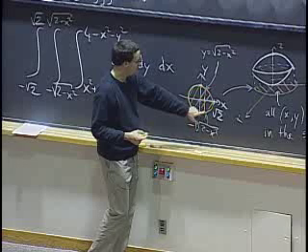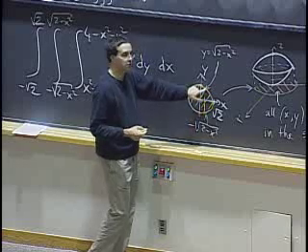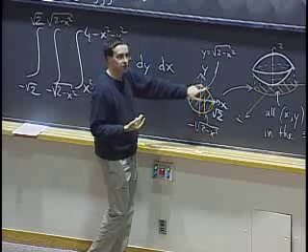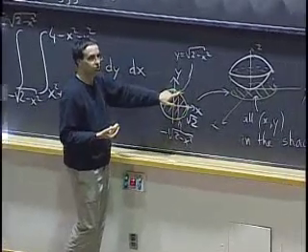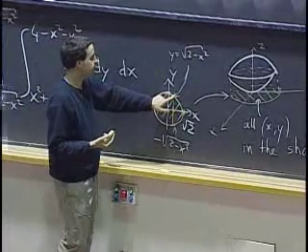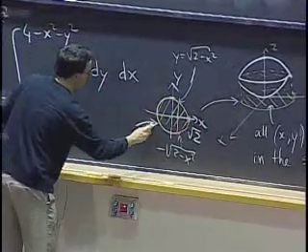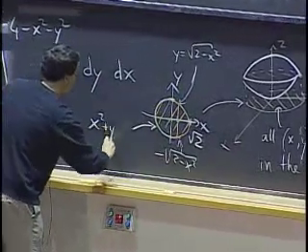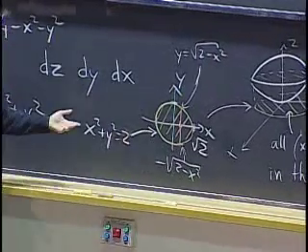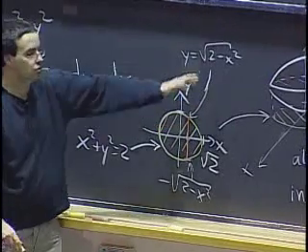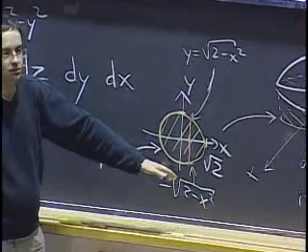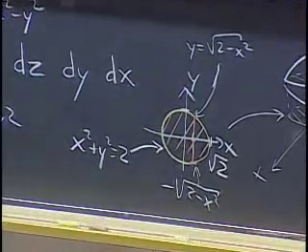So y goes from here to here, and what here and here are depends on the value of x. How? Well, we have to find the relation between x and y at these points. These points are on the circle of radius root 2. So this circle, maybe I should have written, is x squared plus y squared equals 2. And if you solve for y given x, you get plus minus root of 2 minus x squared. Okay?